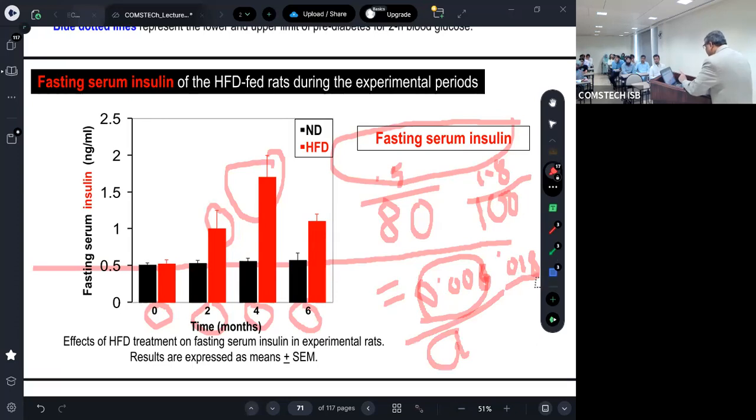This amount of insulin is needed to utilize the same amount of glucose. Can anyone divide 0.018 by 0.006?